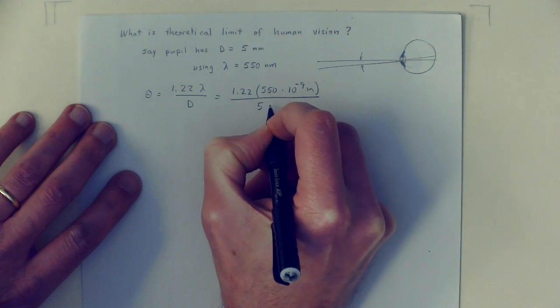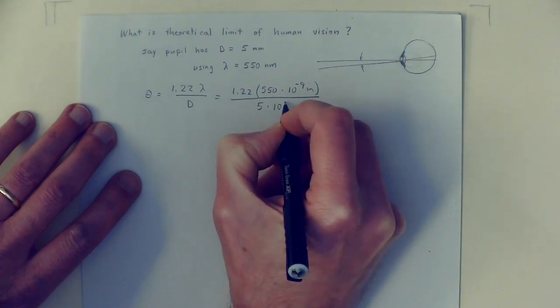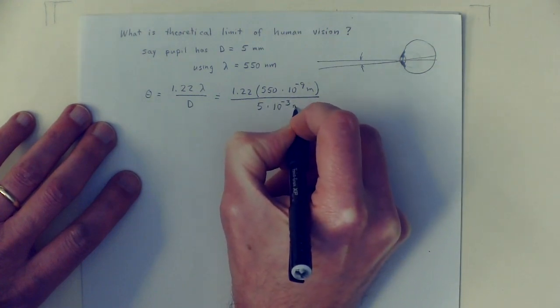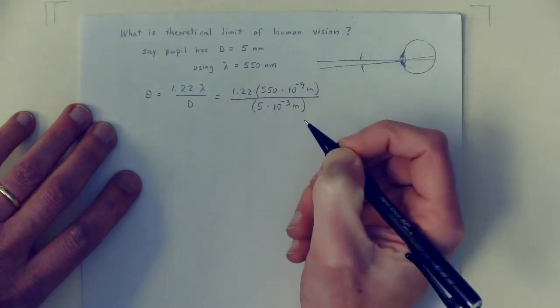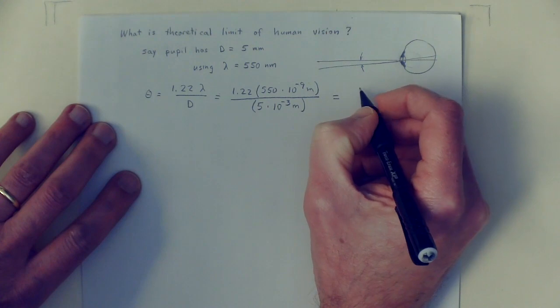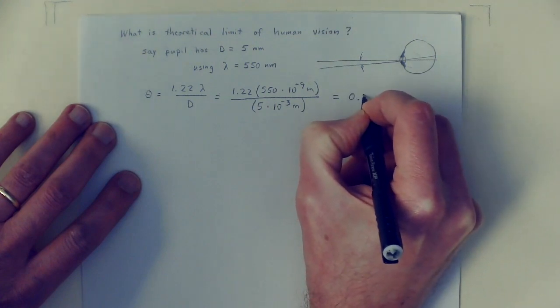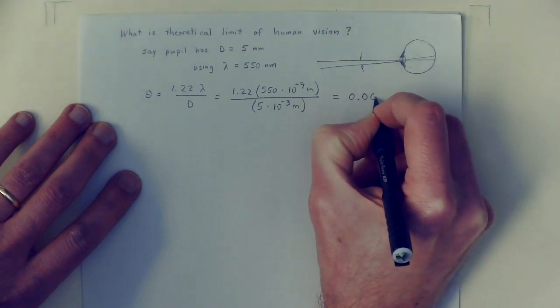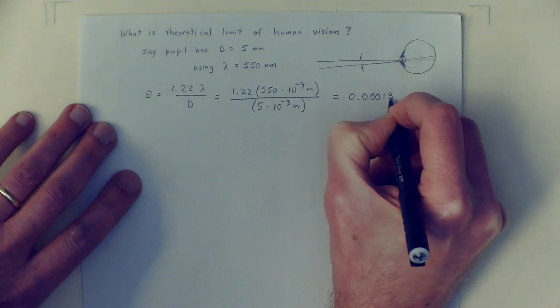In this case, that's 5 millimeters. I'll put that again in meters, 5 times 10 to the minus 3 meters. And if you do that calculation, you should come out with a very small number. It has 3 zeros and then a 1 and a 3.